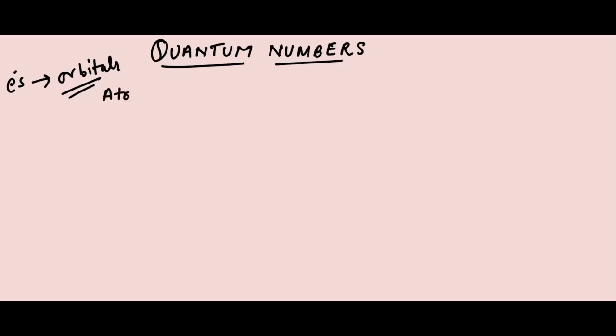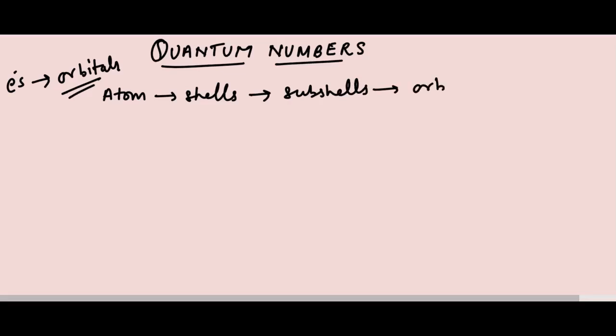In the atom, you will have shells, and in the shells, you have the subshells. Inside the subshells, there are the orbitals, and inside the orbitals, you have electrons. This is a sequence which you need to remember while you are discussing the quantum numbers.